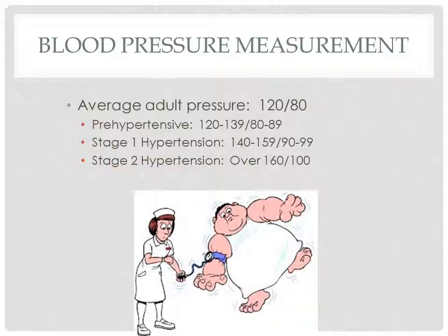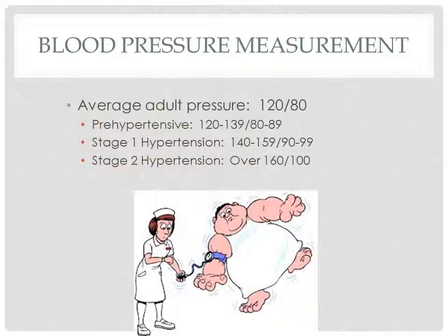Different factors that can affect blood pressure will be your age, gender, ethnicity, stress, medications, activity, weight, smoking. Smoking increases blood pressure. Daily variations, cuff size and placement, and the position of the extremity the blood pressure is being checked on.